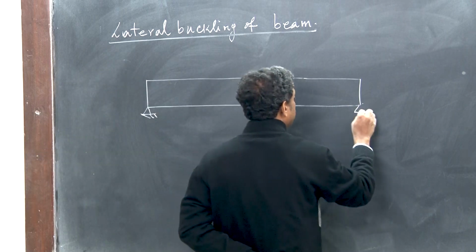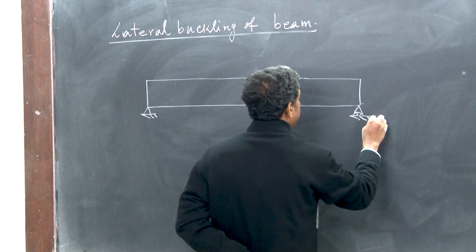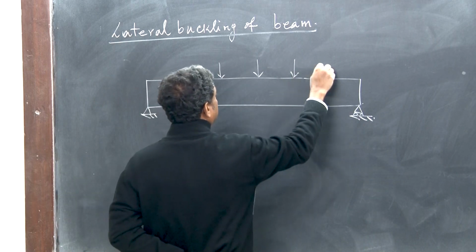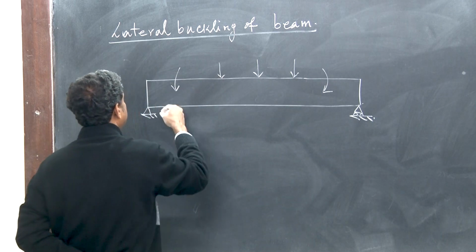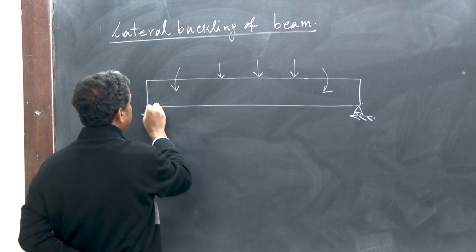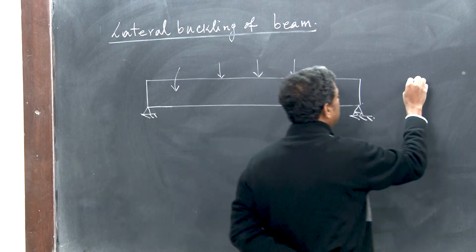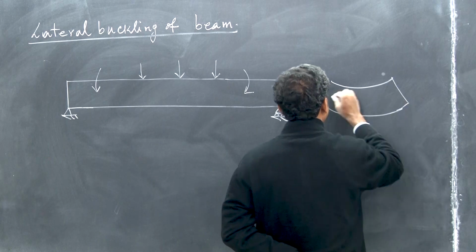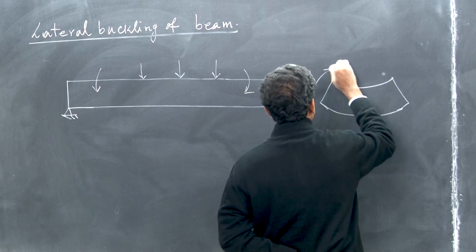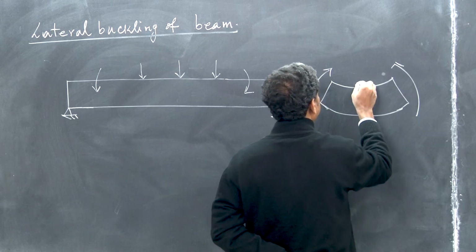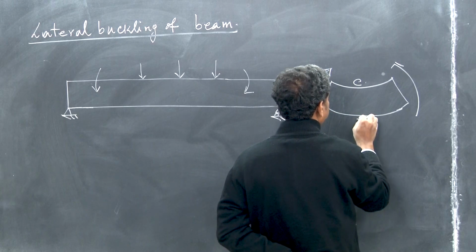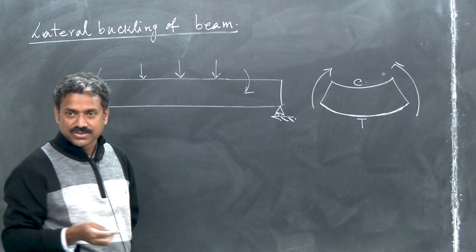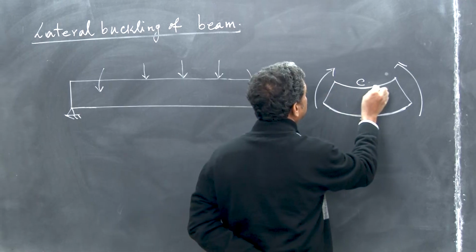Under transverse load, or if there is some bending, the top portion is under compression, and the bottom portion is in tension. Under tension the bottom flange is not going to destabilize, but under compression the top flange is going to destabilize.